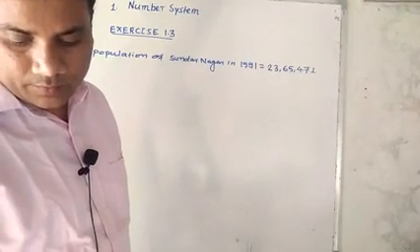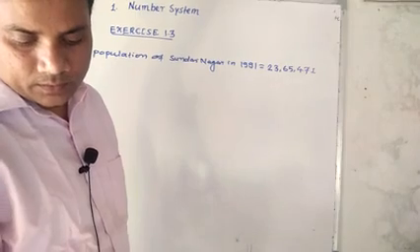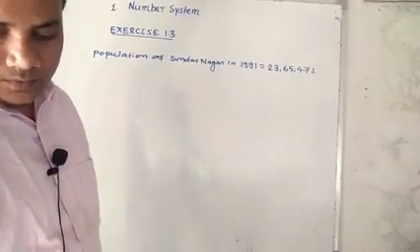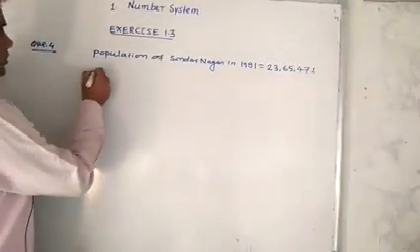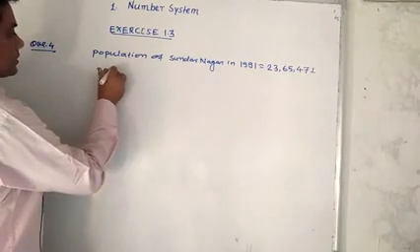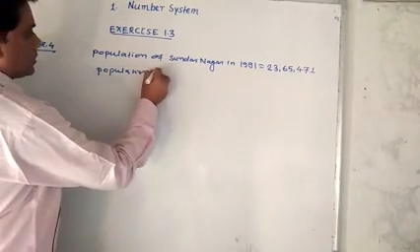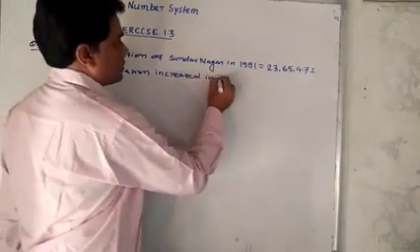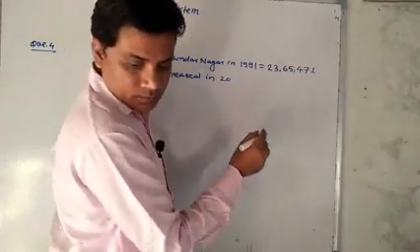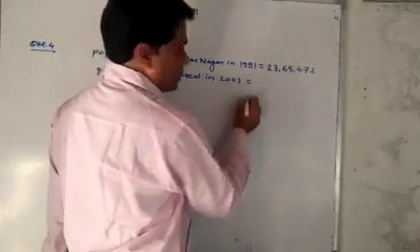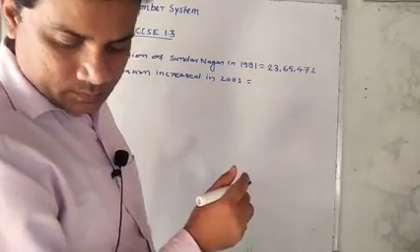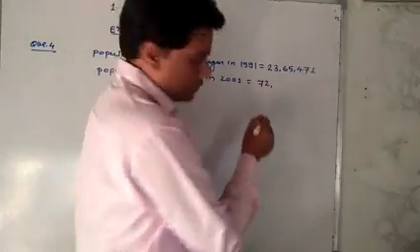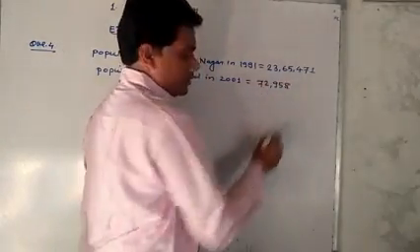In the year 2001, it was found to have increased by 72,958. Therefore, population increase in 2001 is equal to 72,958.